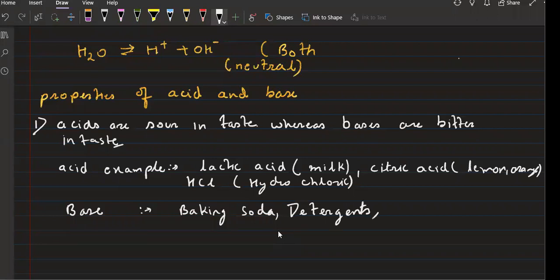Then there's one most important and very common ingredient that we use daily. Okay, soaps. Soaps and detergents. Salts are another thing, Yukti. Salts are a third type of compound.